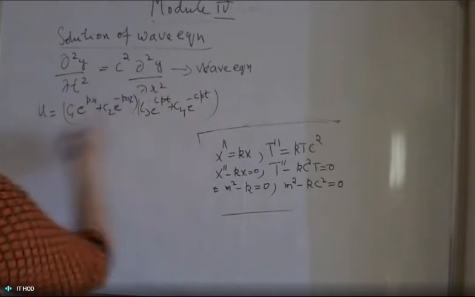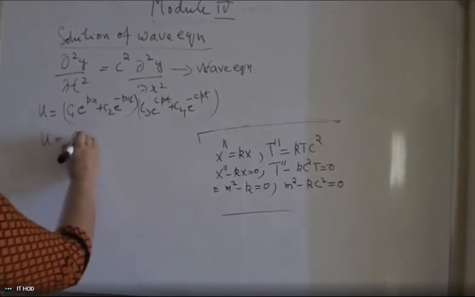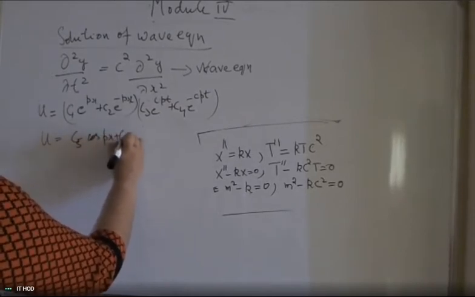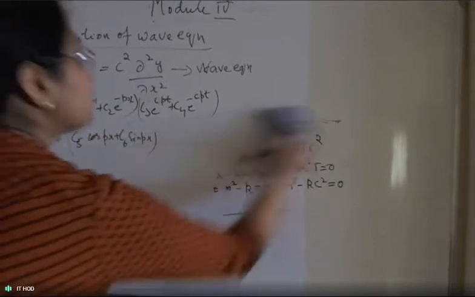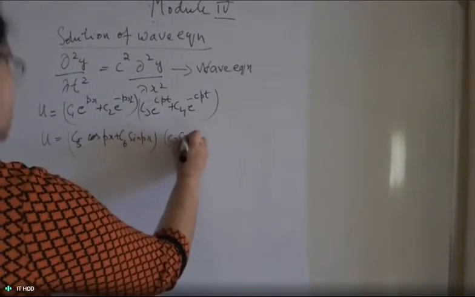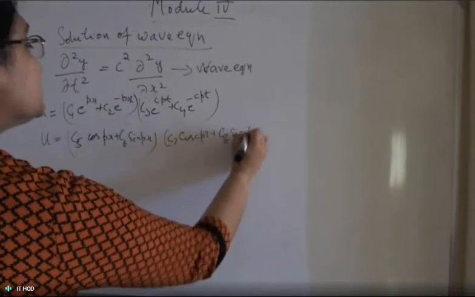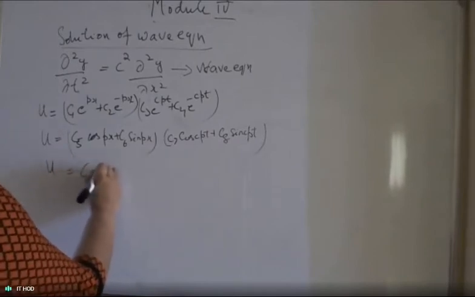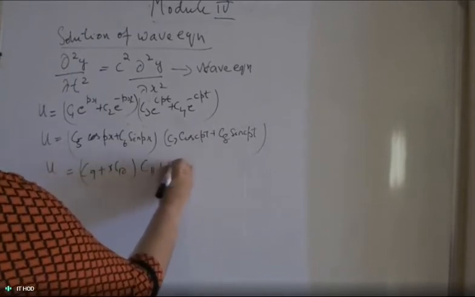This is the first one we got. Next one is c5 cos px plus c6 sin px into c7 cos cpt plus c8 sin cpt. This is the second one. And the third one is u is equal to c9 plus x c10 into c11 plus t c12.